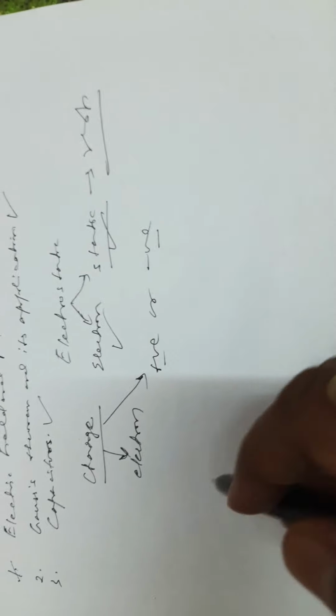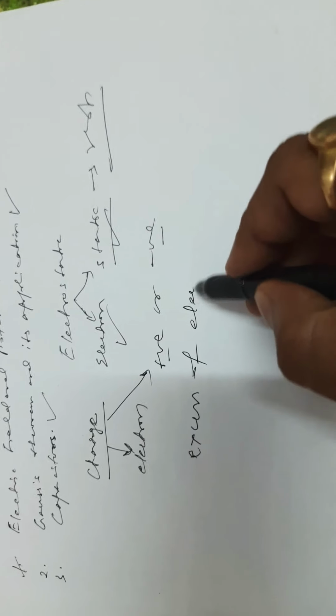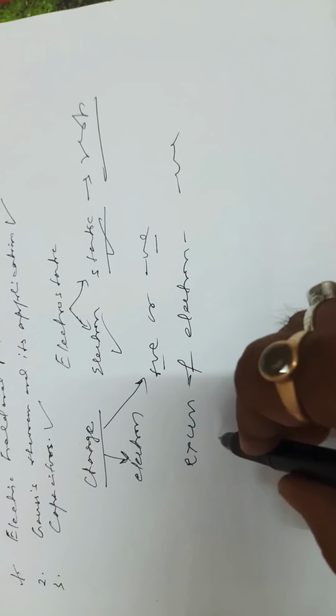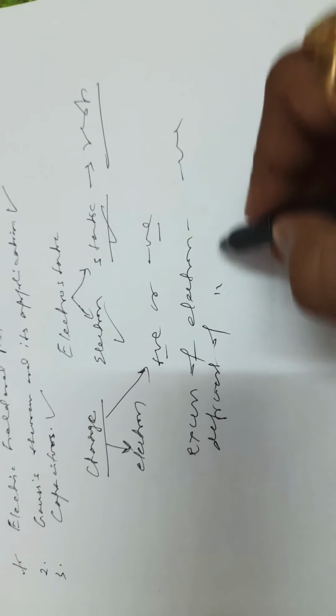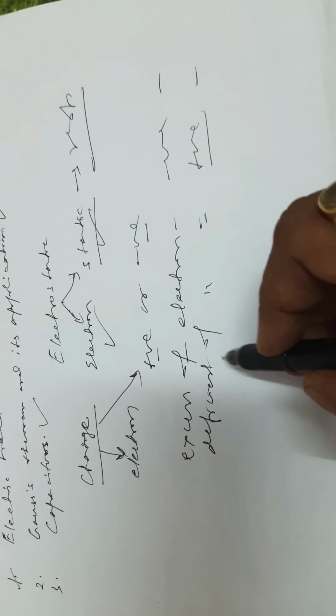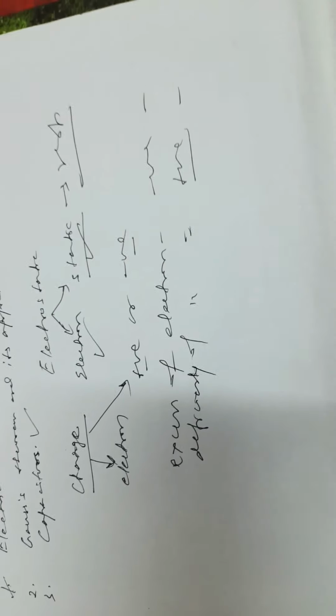An excess of electrons means negative. A deficiency of electrons means positive. So this is what you should understand.